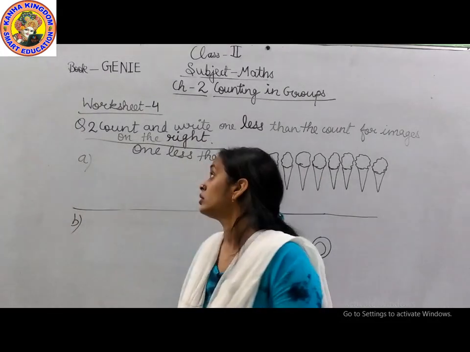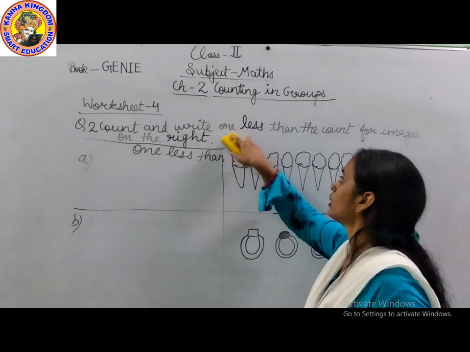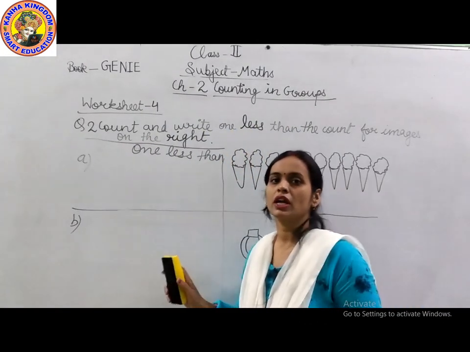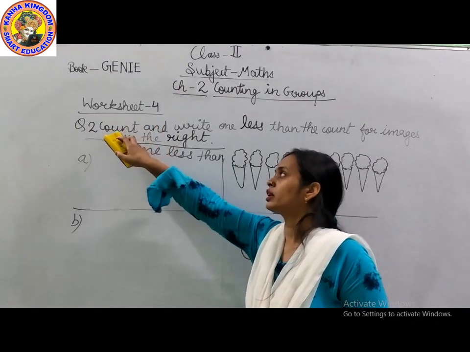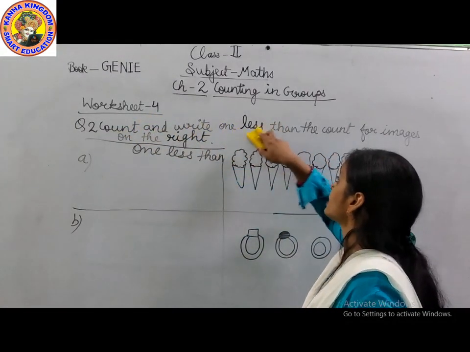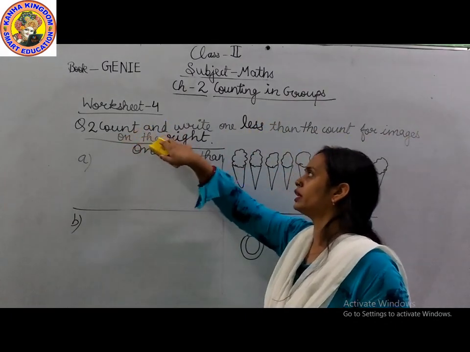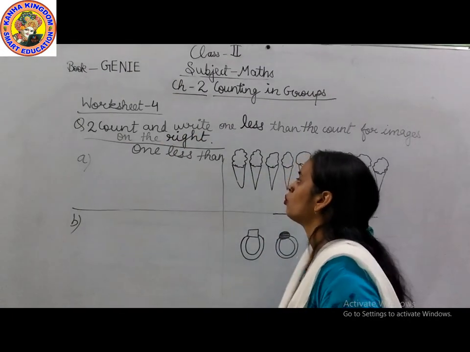Now, question number 2 is count and write one less than. In question number 1, we count and write one more than. In question number 2, we count and write one less than the count for images on the right. Okay. So, one less than.